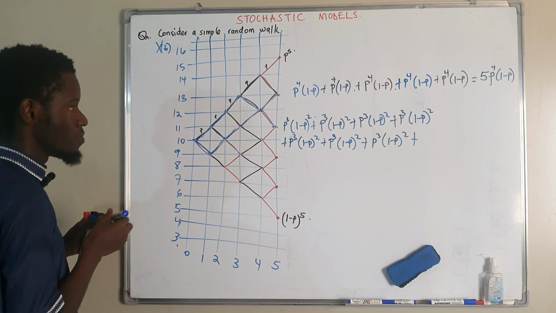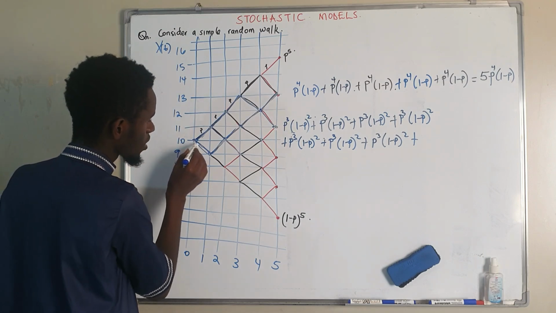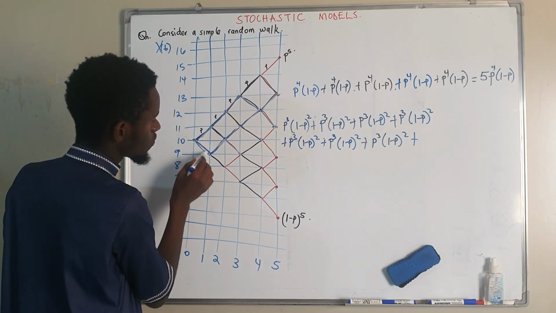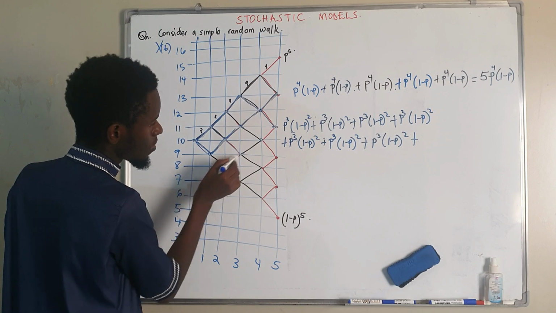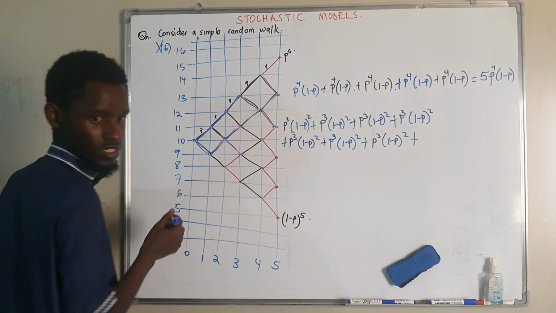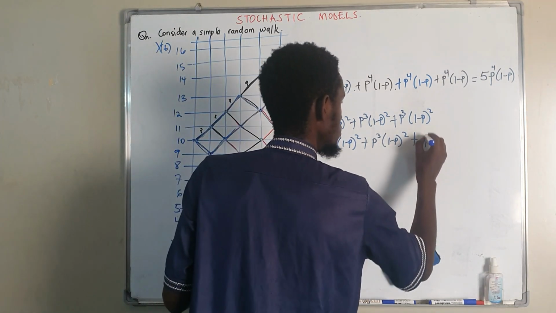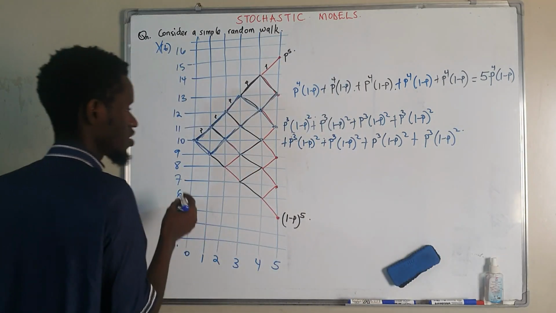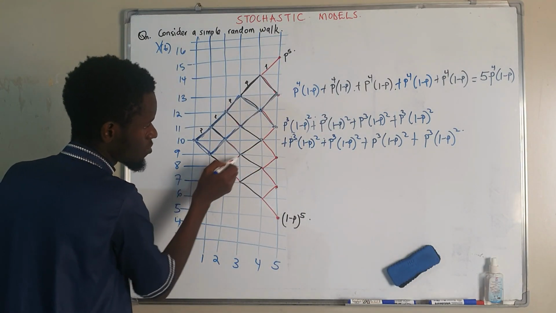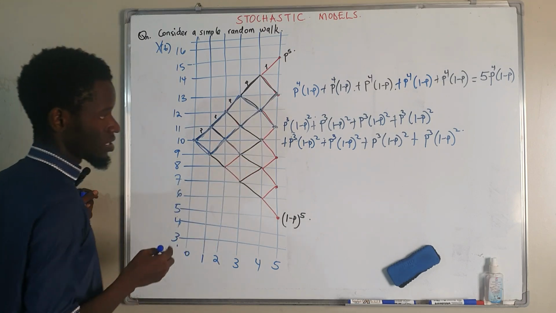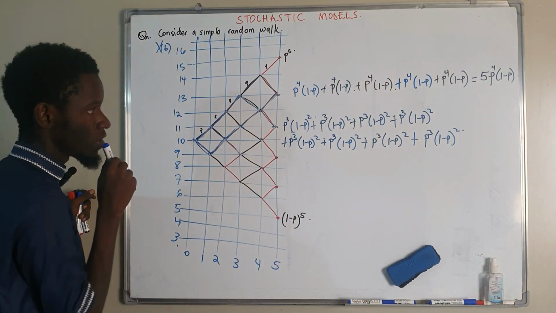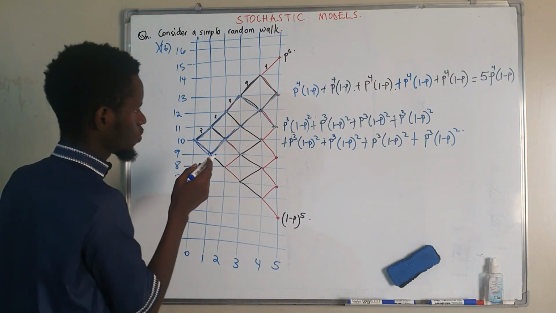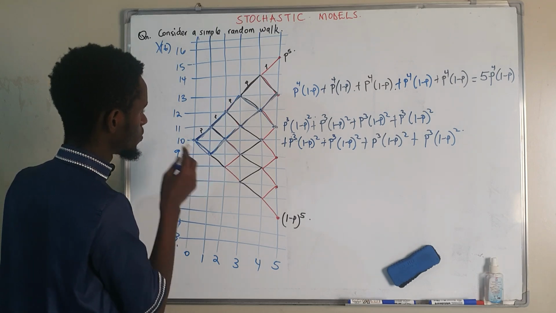Now the other attempt may be me coming like this. I move down, move up thrice, plus p cubed into 1 minus p squared. I'm moving down twice, then I move up thrice.